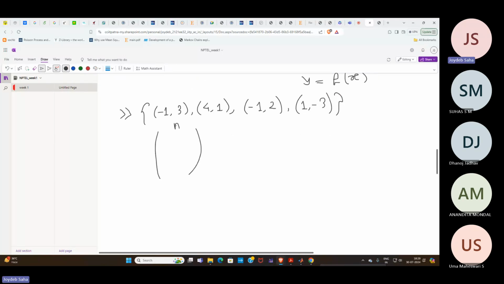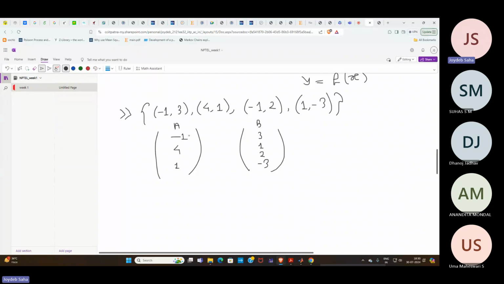Let's call it A. B is another set. -1, 4, 1. Here we will get 3, 1, 2, -3.